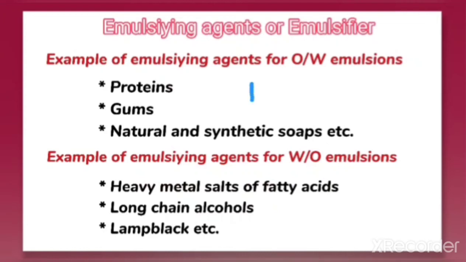It is also important in the exam; it may be asked which is an example of an emulsifying agent for oil in water and for water in oil emulsions. So go through these examples also.